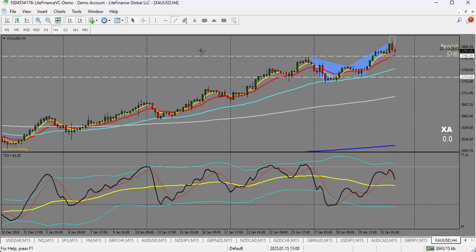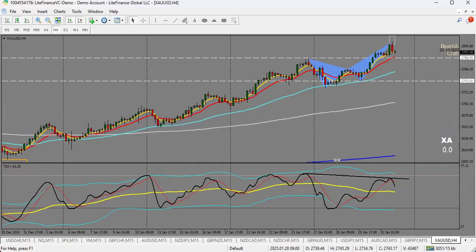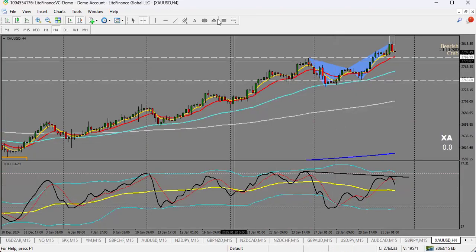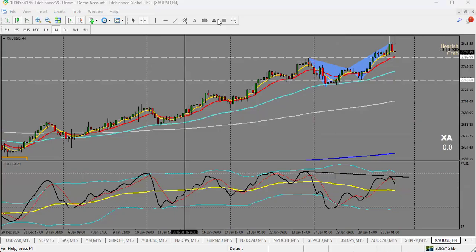And if you look at the TDI, we have an area of support here on it, but you can see the movement has started here. The movement started here going up. If you look at the levels on the TDI, we have the first level, the second level, and we are going to go for the third level before we go down.